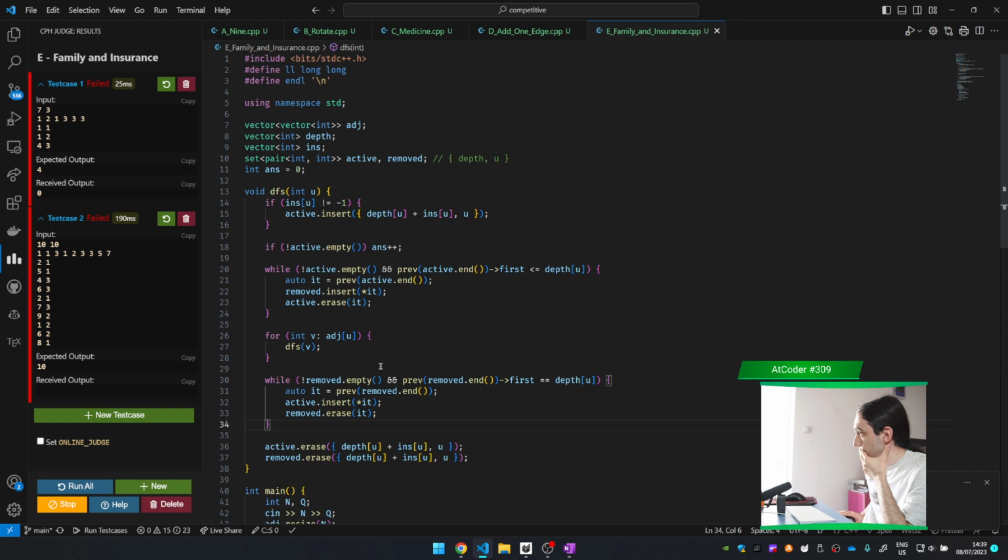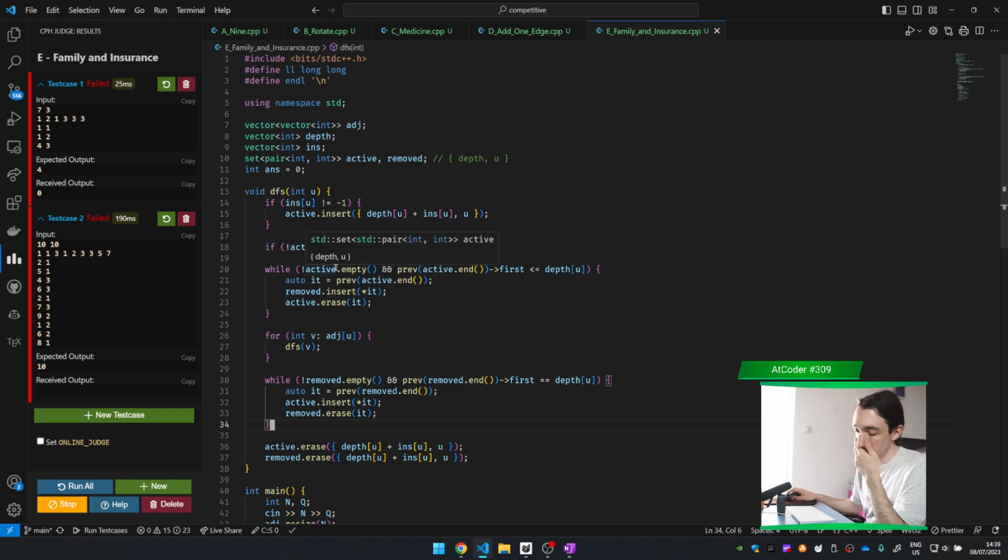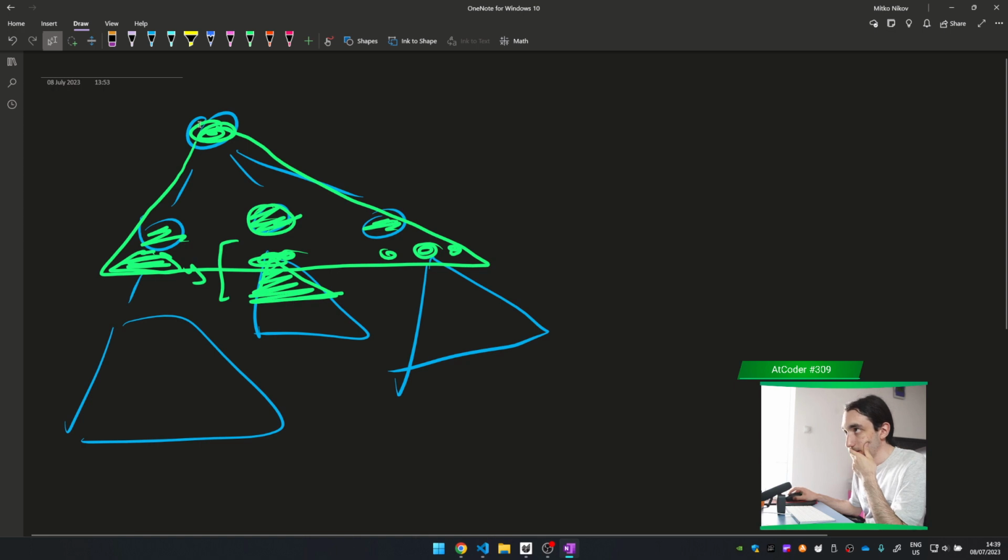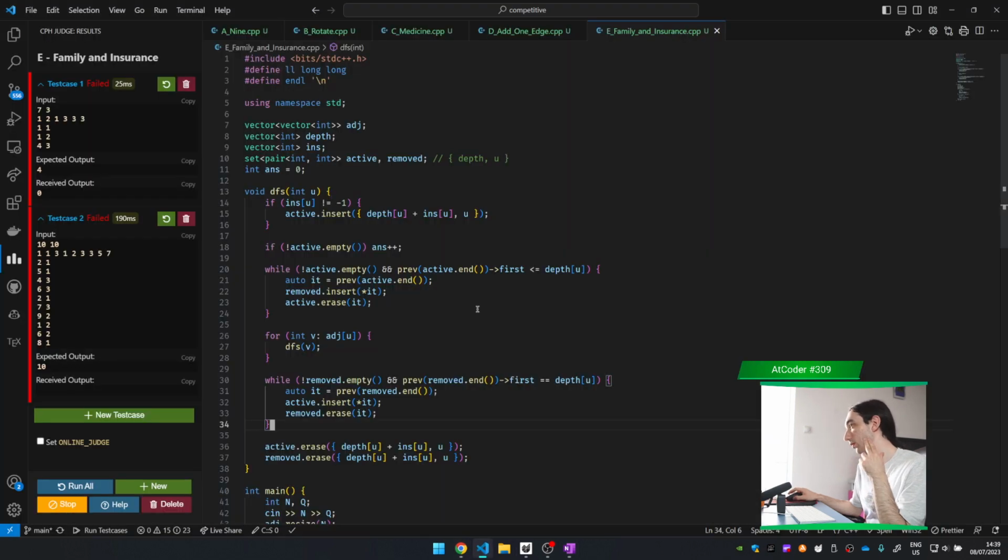I don't quite like this due to the fact that you could have a lot of nodes having the same depth. When you come to this point, all of these nodes will trigger this event here. I don't quite like this. I don't think you can prove that this is linear.